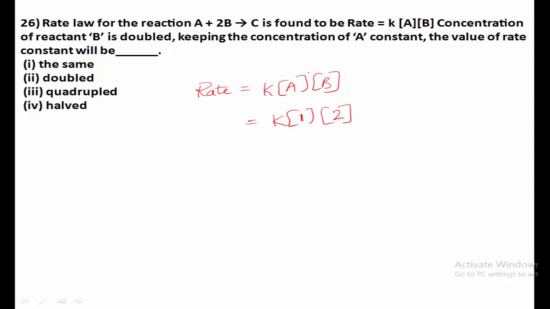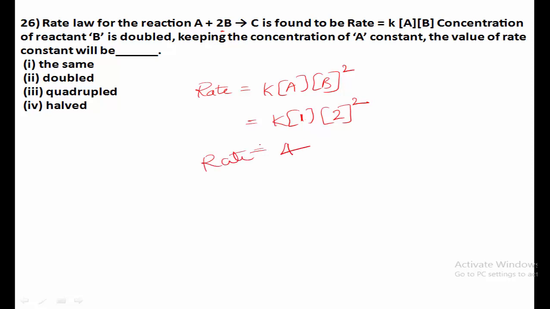The value of rate constant. What would be the value of rate constant? Here see, 2B is given, so here we have to write B square. And now you have to write 2 square, and hence K into 1 into 2 square. So how much does it become? 4.